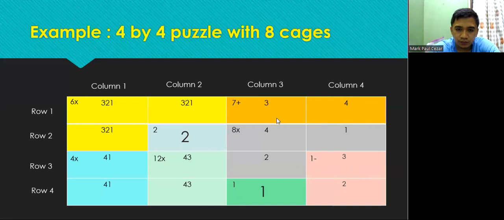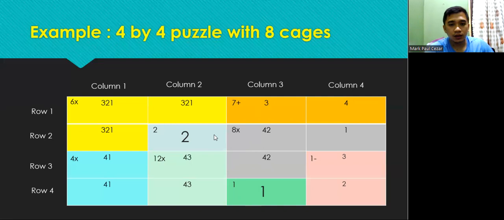So next, we're going to manipulate here. The target number is 8 and the mathematical operation is multiplication. So I'm going to check first. If I will use 2 here in this box, I will be breaking our rule that there shouldn't be, wala dapat nauulit sa mga column or mga row, di ba?